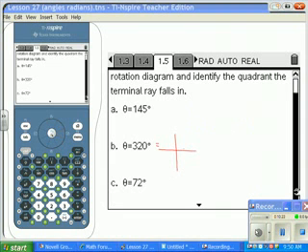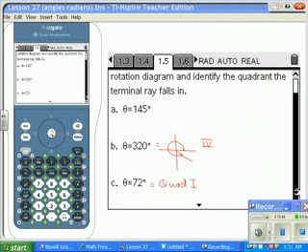320 degrees, I'm going to wind up where? What quadrant? Fourth quadrant. Any problems with that? Okay, 72 degrees, Mooch. What quadrant? Good.